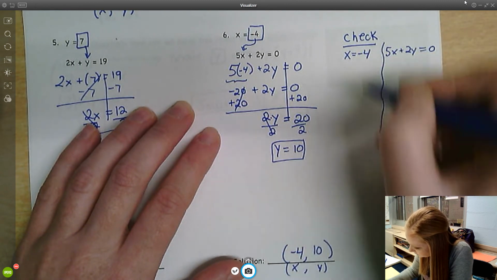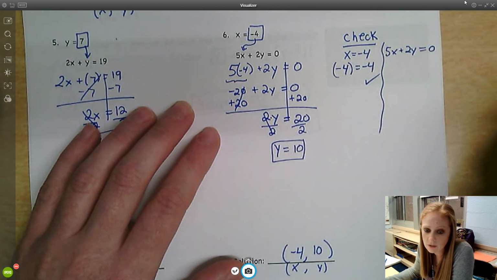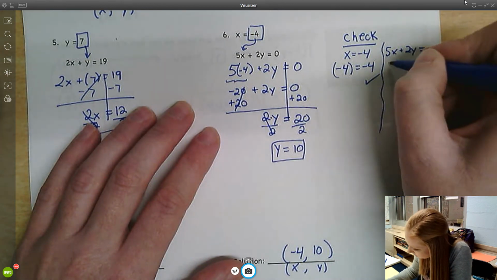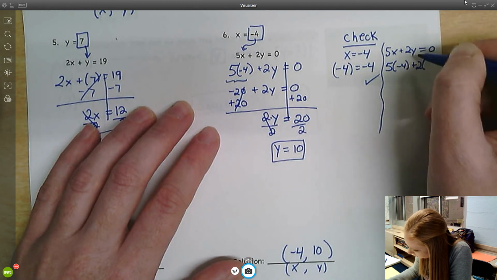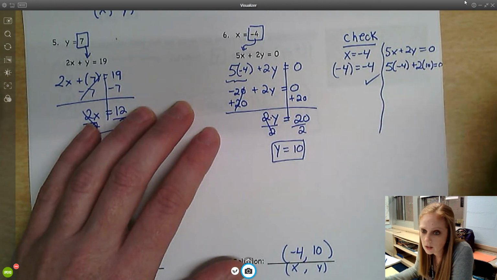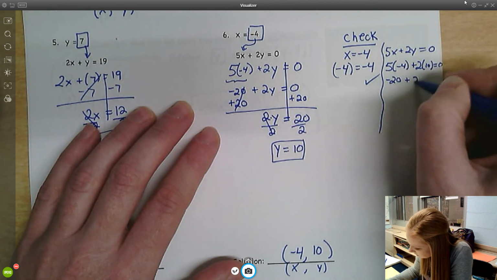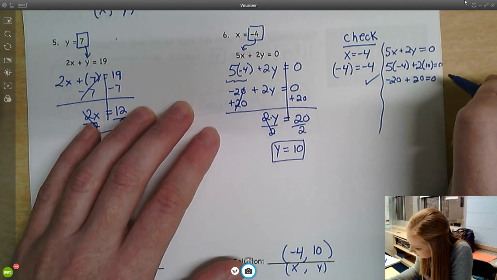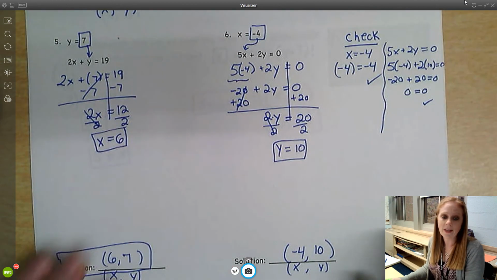All right, so wherever you see an x, let's plug in negative 4. Negative 4 does equal negative 4, so that one checks out. Let's plug in negative 4 for x in the second equation and 10 for y. 5 times negative 4 is negative 20. 2 times 10 is 20. Negative 20 plus 20 is 0. So 0 does equal 0, and it checks.